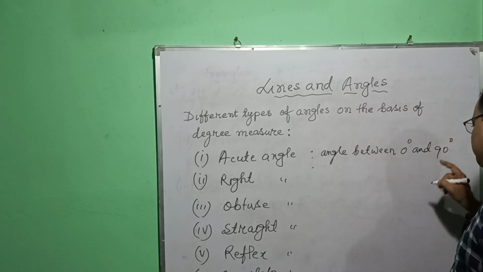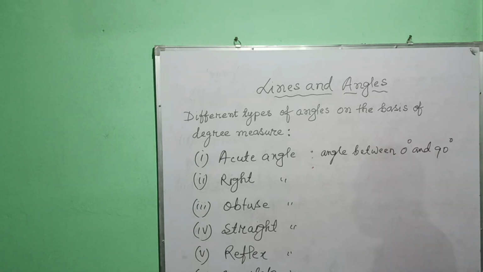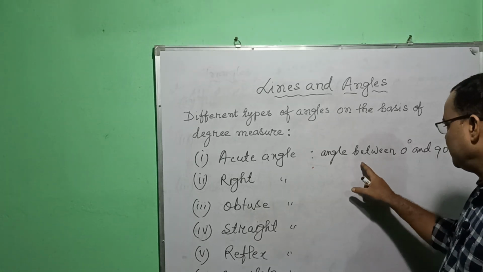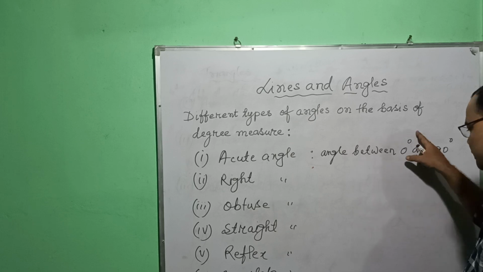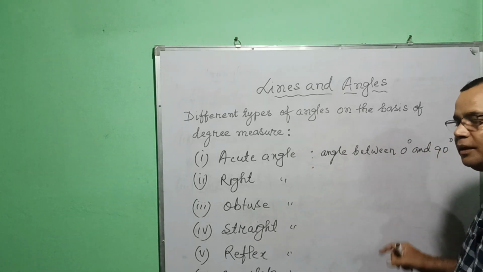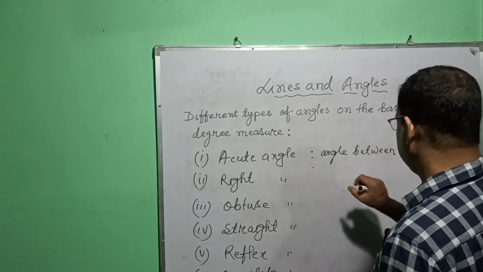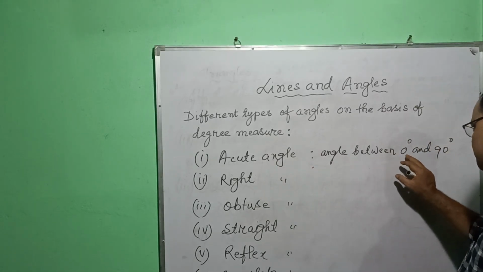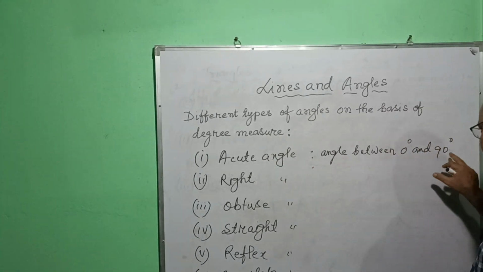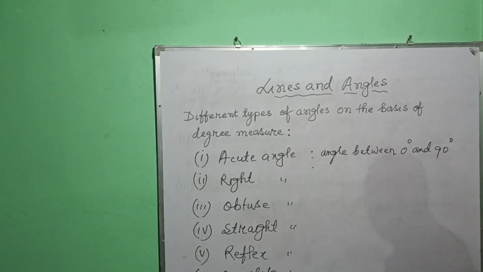Angle between 0 degree and 90 degree is called acute angle, or we can say that the angle more than 0 degree and less than 90 degree is called acute angle. So we have to remember that in case of acute angle, it must be more than 0 degree and less than 90 degree.